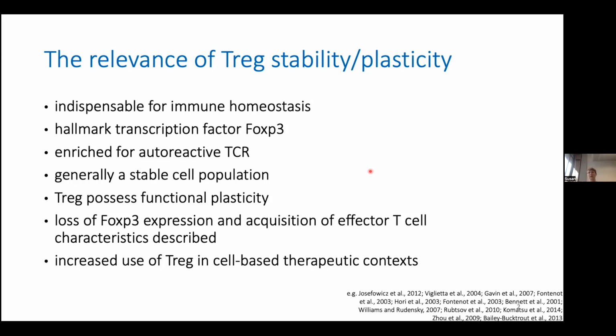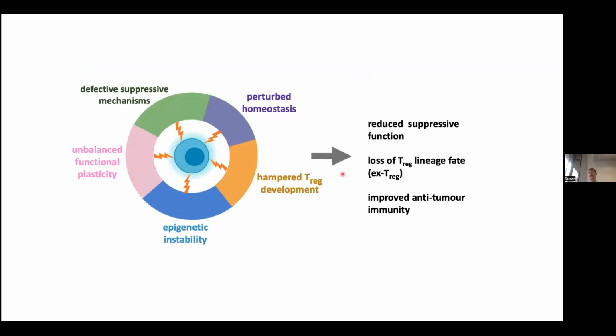Now, this is all very relevant. We need to understand Treg stability. We need to understand the impact of Treg plasticity, because Treg are more and more becoming an interesting target in cell-based therapeutics. The reduced suppressive function of Treg, or even the loss of Treg fate memory and the giving rise to X-Treg, can be caused by a number of different threats that a Treg can be exposed to.